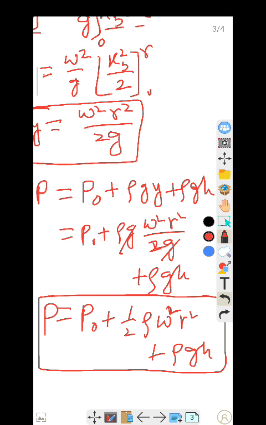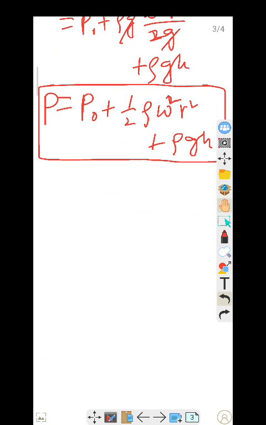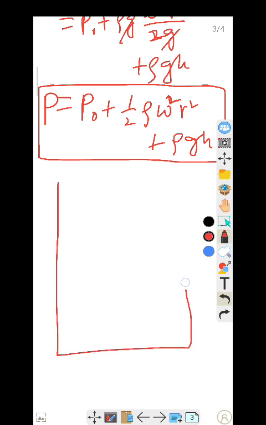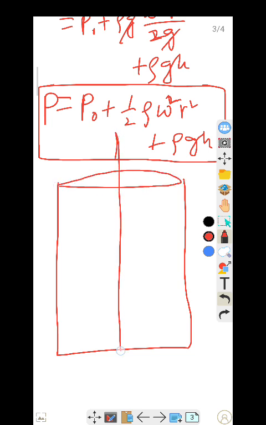Let me show this point and draw it. This is our tube or container, which is revolving with angular velocity omega about its principal axis, and while revolving it makes a cone in the top surface. Our h is the height from the bottom of the cone.